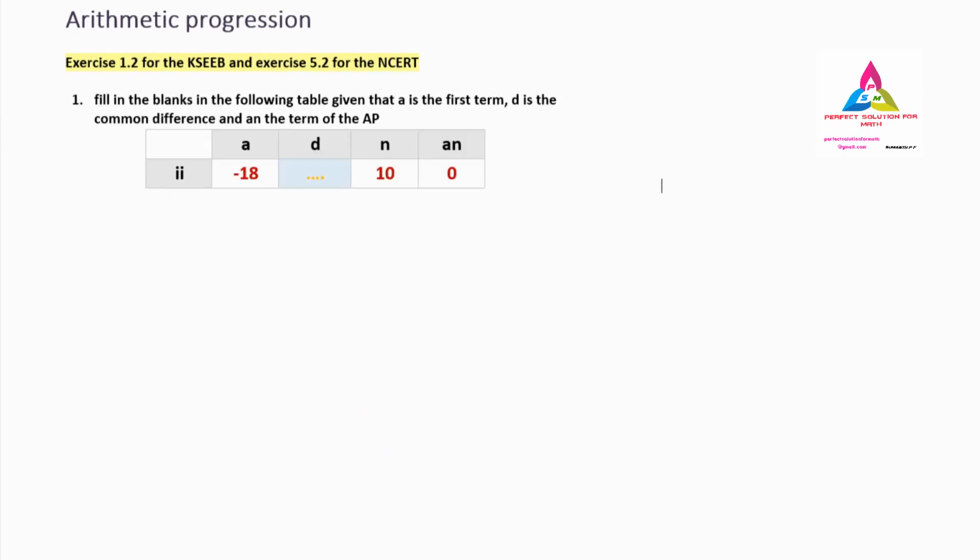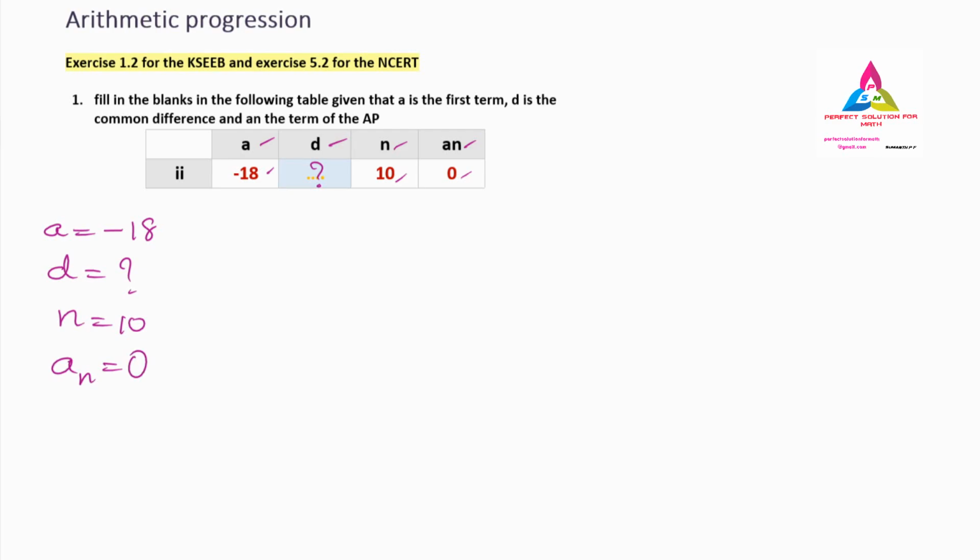Coming to the second question, you can see what they have given. A value is given, D value is not given, N value is given, and AN value is given. So we have to write down the given things. A is equal to minus 18, D is not given, N is equal to 10, and the AN value, that is the nth term value, is 0.